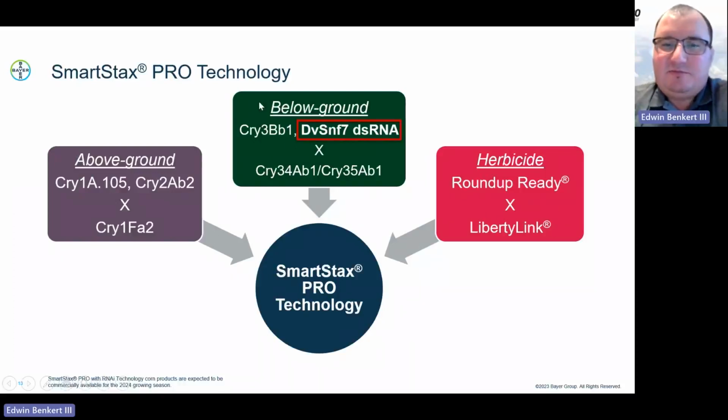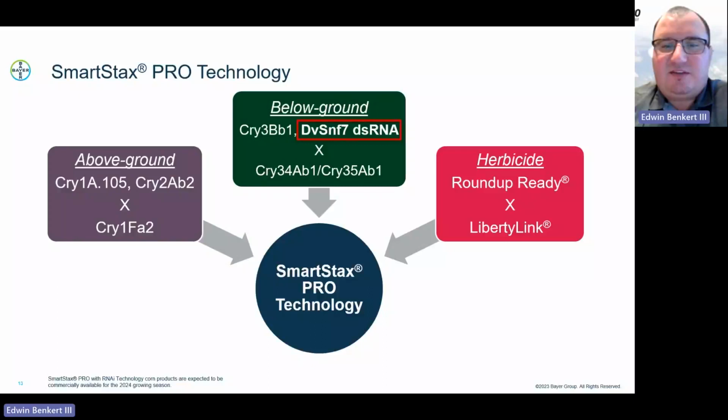The difference is going to be when it comes to our below ground protection. In SmartStax and SmartStax PRO, we still have the Cry3Bb1 and Cry34/35 BT proteins. But in SmartStax PRO, we're bringing in this new unique mode of action, RNA interference, where we're targeting a gene sequence within the rootworm called DV-SNF7.